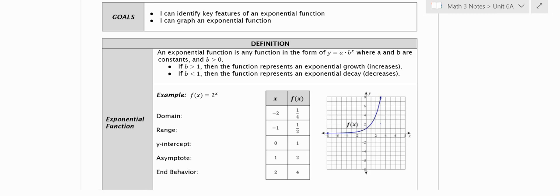Remember, an exponential function is in the form of a times b to the x, where a and b are constants. And when we're thinking about a times b to the x, remember a represents our y-intercept or our initial value or our zero term.